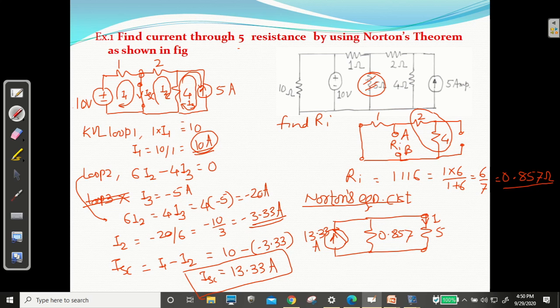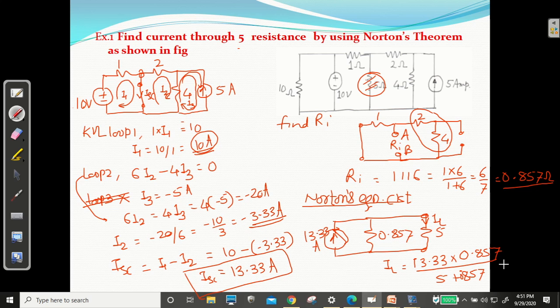And what is the IL? I have to calculate IL equal to what? IL equal to ISC 13.33 into, RL निकालना है, इसके करंट निकालना है, इसके पैरेलल ब्रांच into 0.857 upon this plus this, 5 plus 0.857, so 5.857, divided by 0.857, equal to 13.33, equal reciprocal of that.